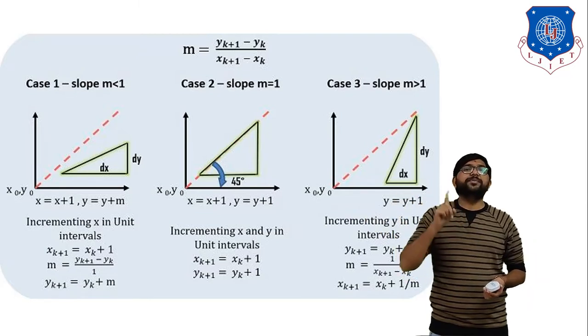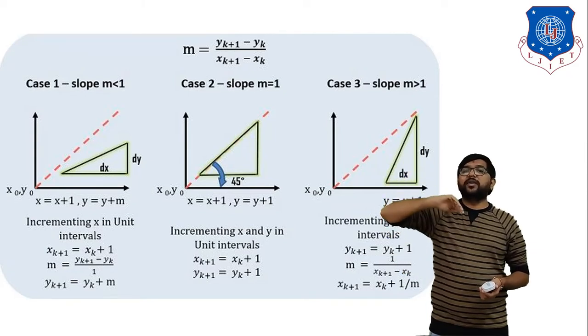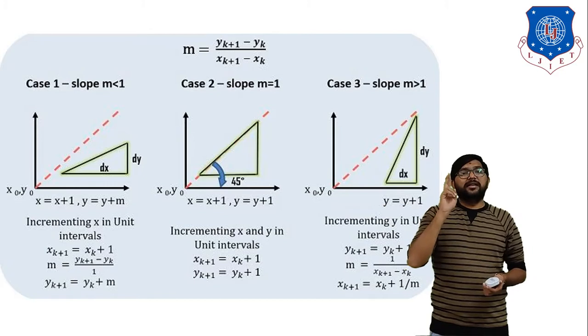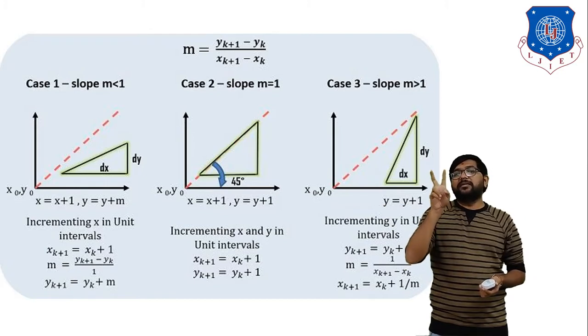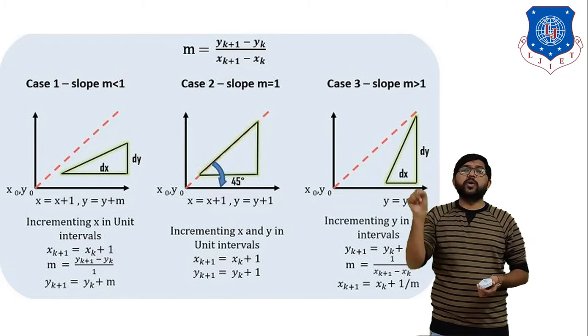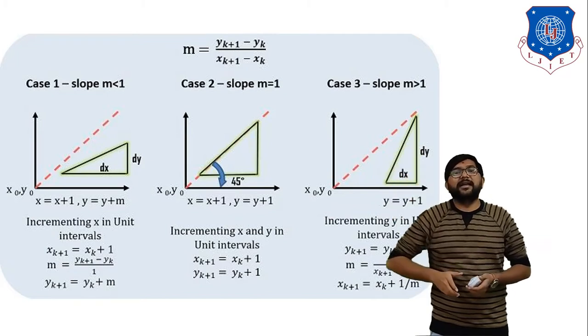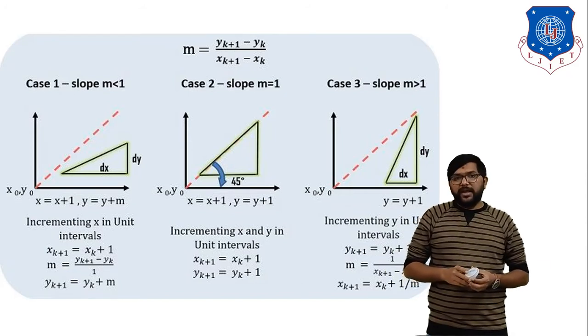If the slope is equal to 1, at that time the line is at 45 degrees and it equally divides the first quadrant into two parts. Clear? The first quadrant covers 0 to 90 degrees, and for m equal to 1 the angle is 45 degrees.